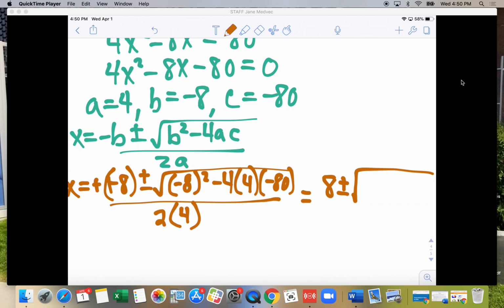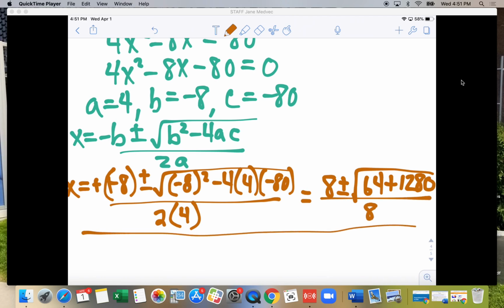Negative 8 squared is 64 plus, I've got negative 4 times negative 80, which gives me 1,280, over 8. x equals 8 plus or minus the square root. I'm going to take 64 plus that, and I get 1,344 over 8.